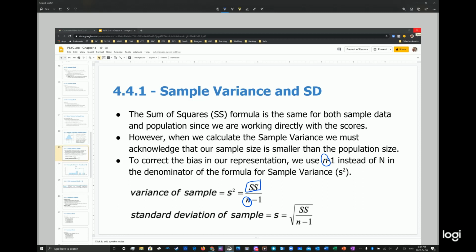However, when we try to calculate variance, that is the average squared deviation scores, we must acknowledge that our sample size is smaller than our population size. Which, in a way, if you think about it, the n-1 seems counterintuitive. Oh, well, we're going to make the sample size even smaller?